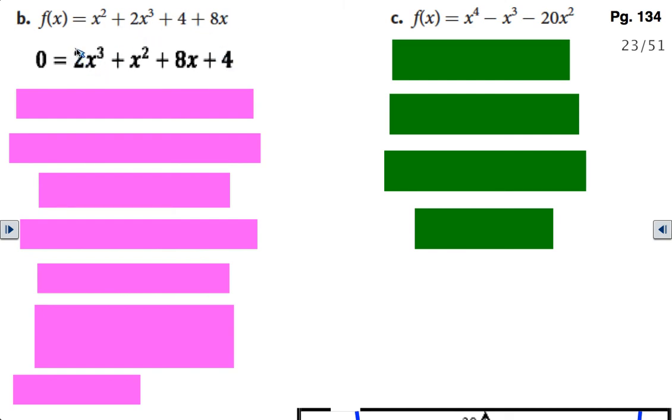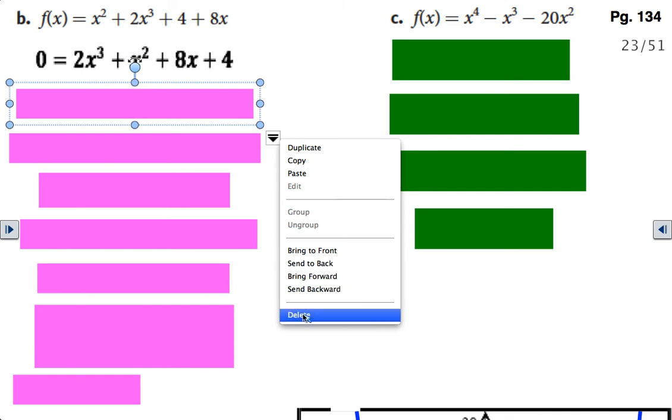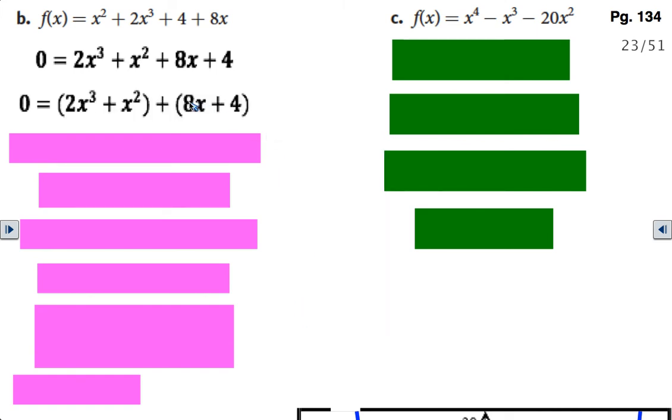Now I'm going to group it. I want to group these 2 terms together and group these 2 terms together. So when I do that, I just have this situation. And notice how both of these terms have x squared in them. This one would be x squared and then times another x. Okay, and then this has an 8 and a 4.